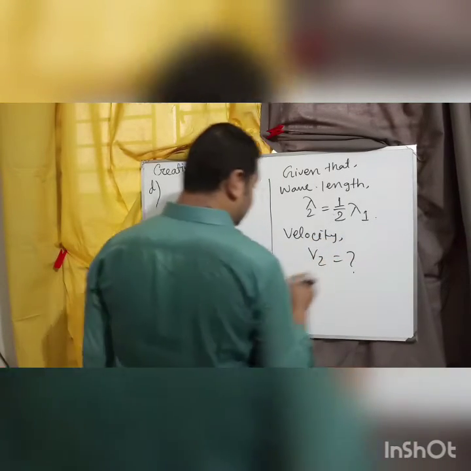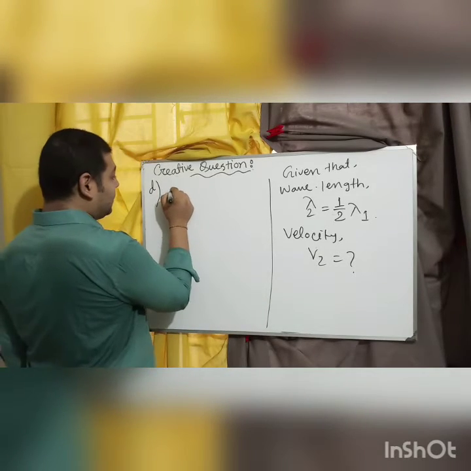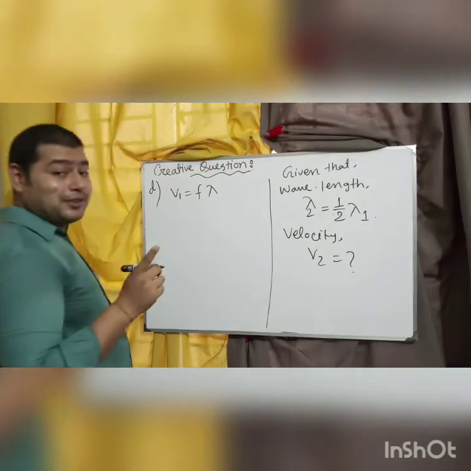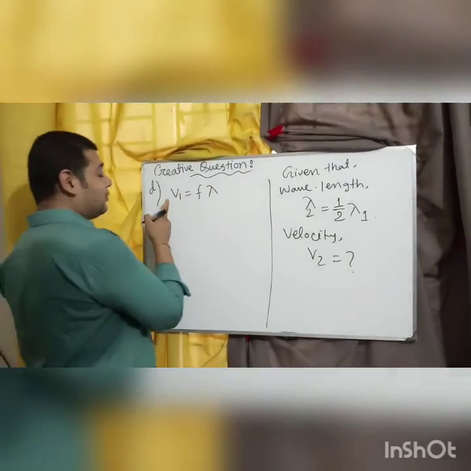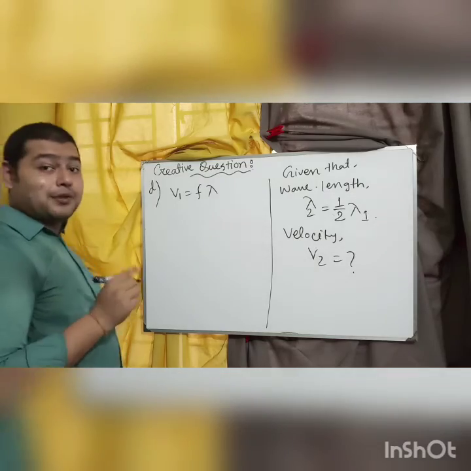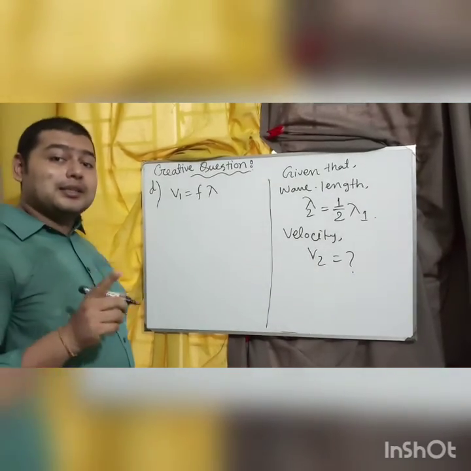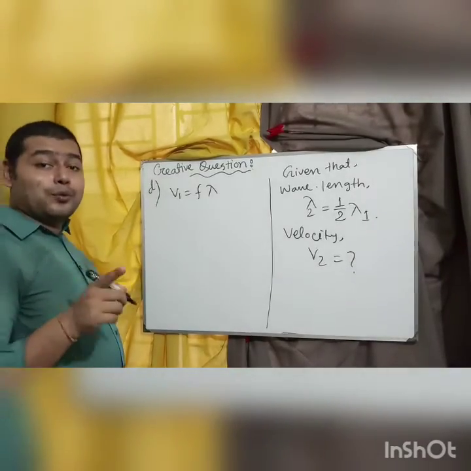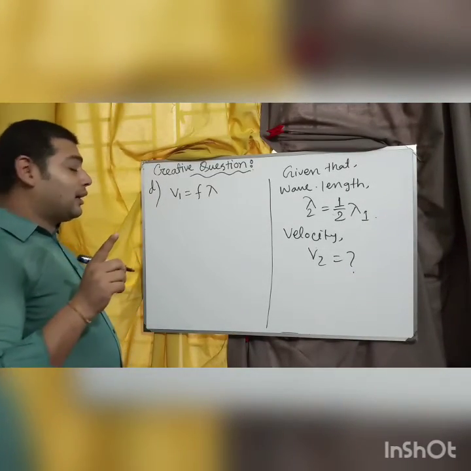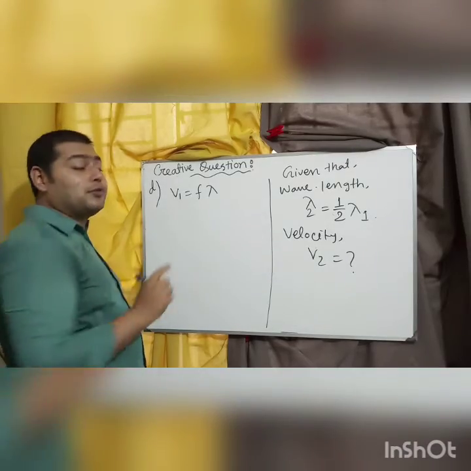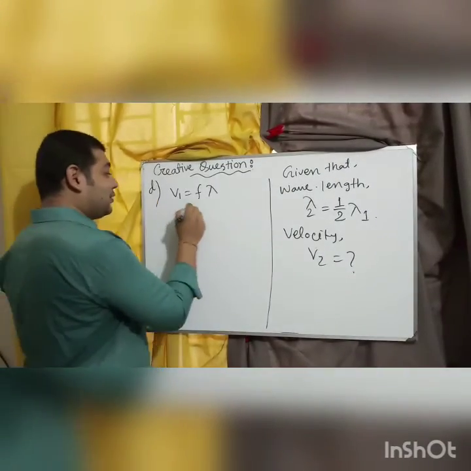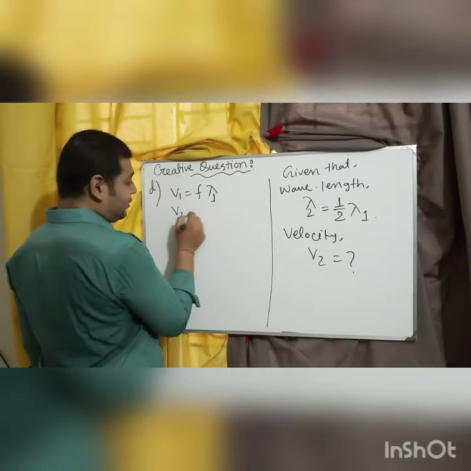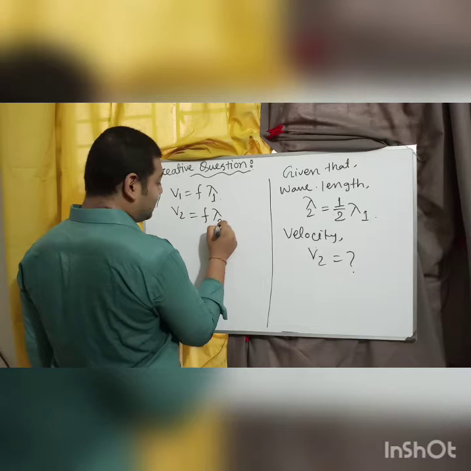We know that v1 equals f lambda 1, where the frequency is fixed. Here the frequency is the same because the medium is the same. So v1 equals f lambda 1 and v2 equals f lambda 2.